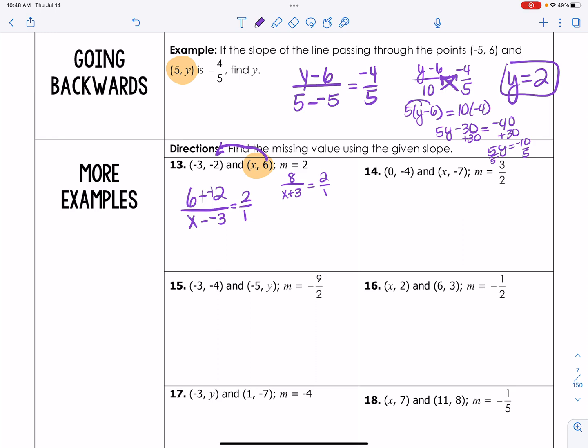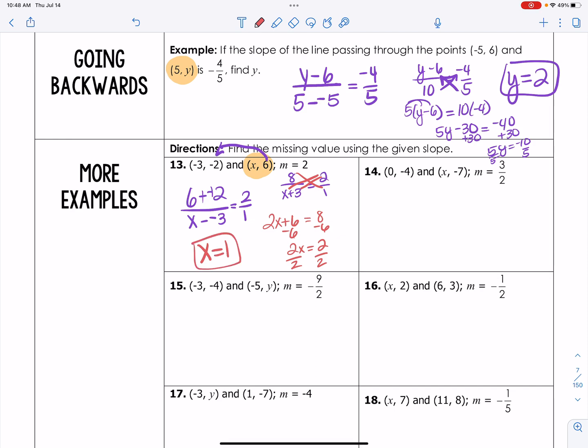When I cross multiply, I'm just going to take the 2 and distribute it into both. So wouldn't that be 2x plus 6 equals 8? So I'd minus the 6, and I'd get 2x equals 2, divide by 2, and x equals 1.